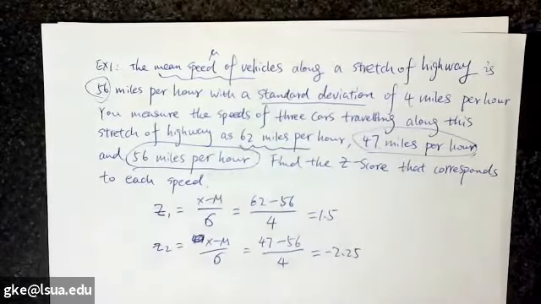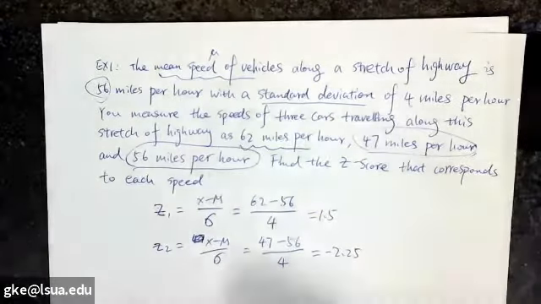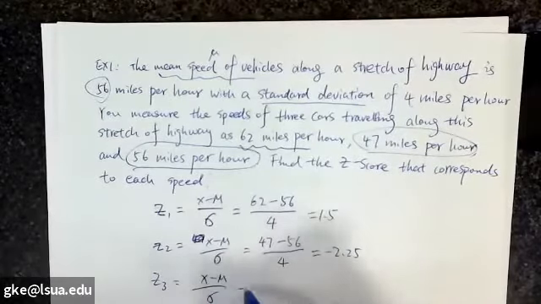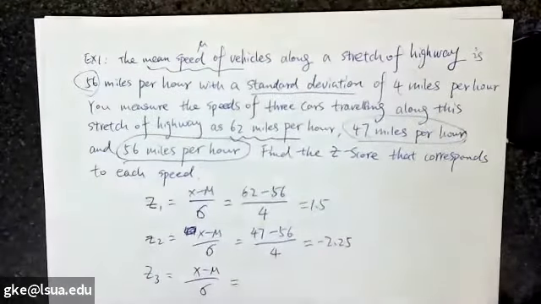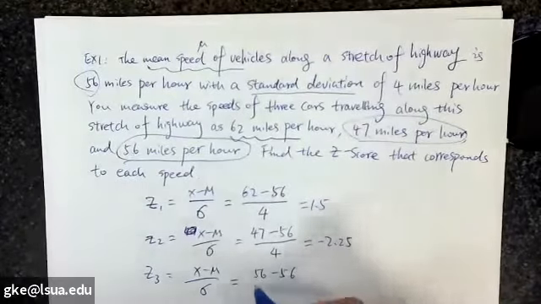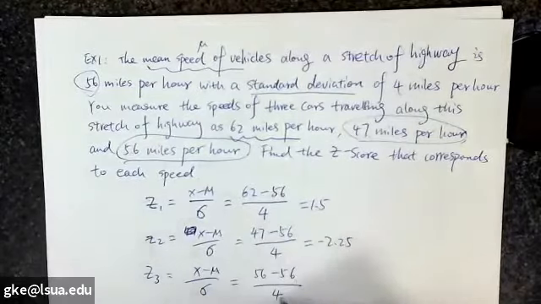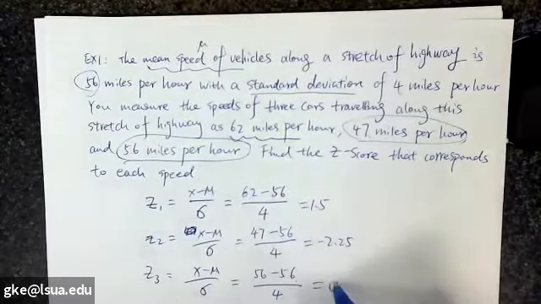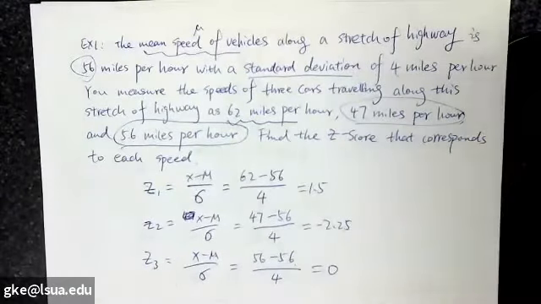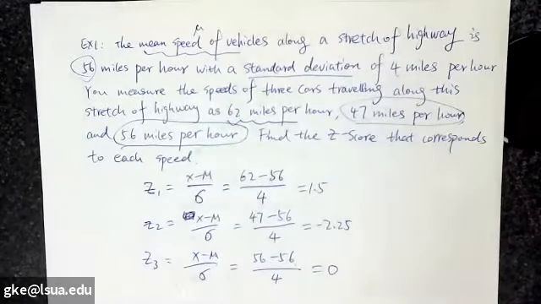Okay, I'm going to try it on board. So for the last one, the same thing. We just need to plug in. That is 56 minus the mu, 56, divided by 4, equals 0. And I'm going to give you the last example. Let you try it.